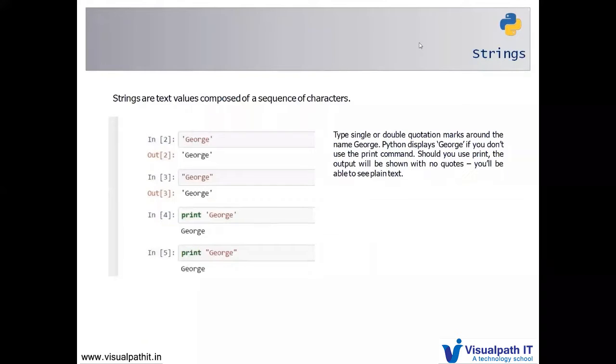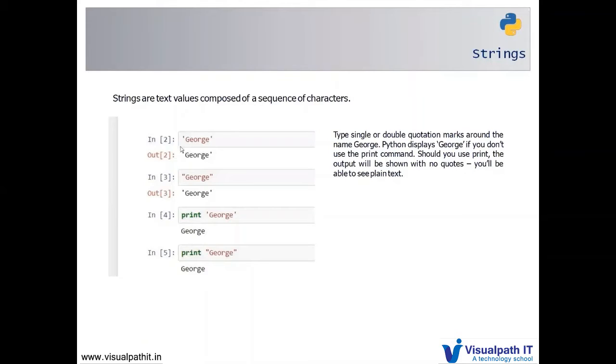A variable can also have strings. Strings are text values composed of a sequence of characters. You can enclose a string with a single quote or a double quote.